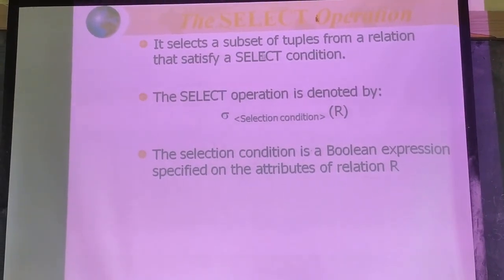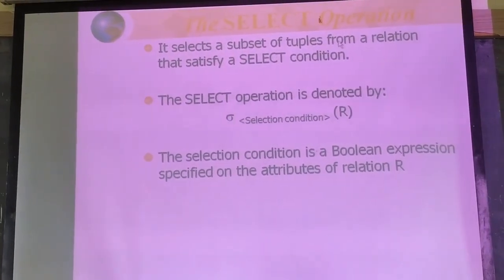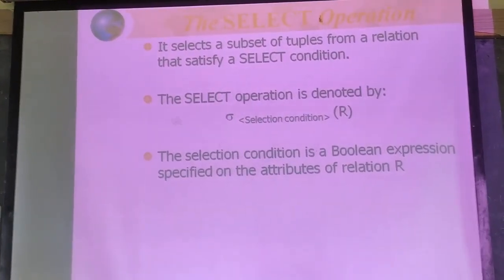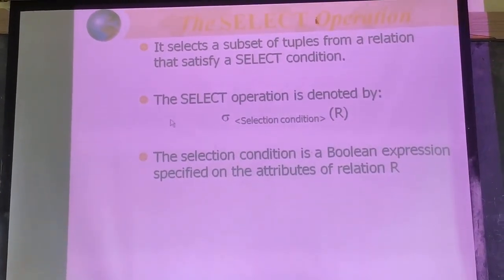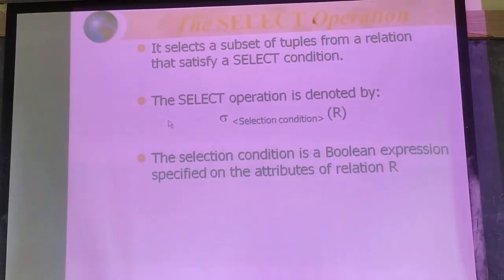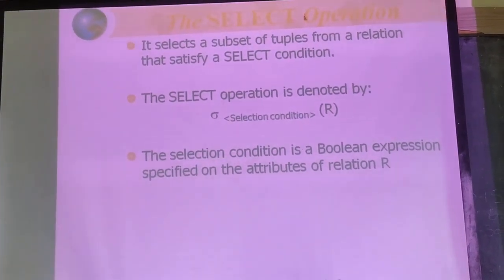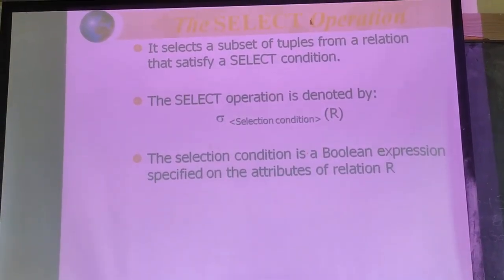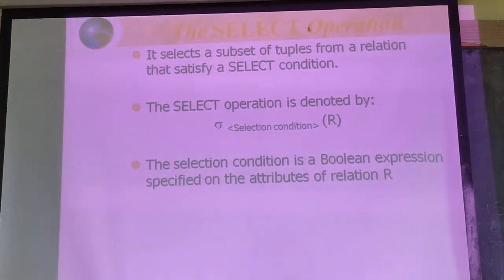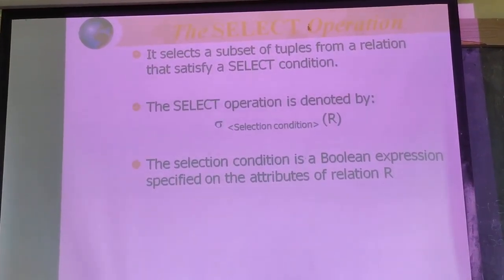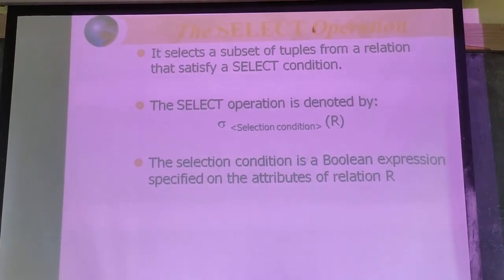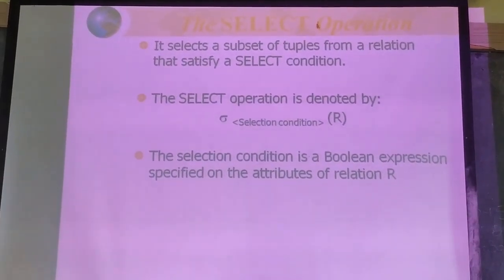This is the select operation. It selects a subset of tuples from a relation which satisfy the selection condition. What is the meaning of tuple? A tuple is nothing but a row from the existing table. Whenever we create a table, it contains a set of rows as well as columns.